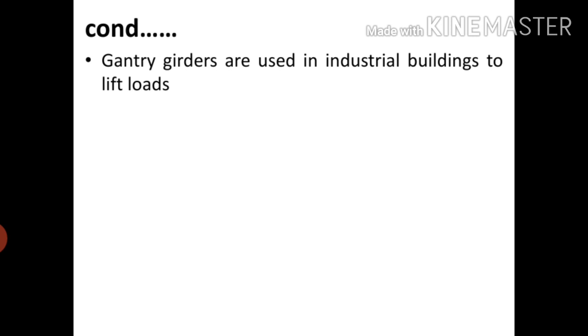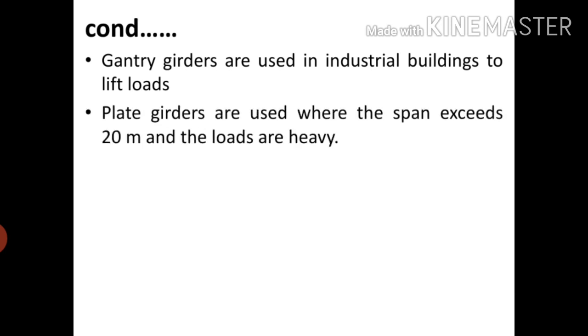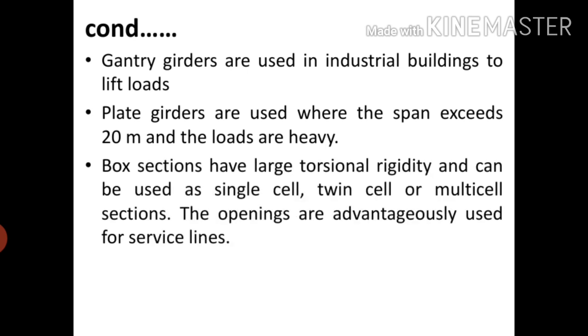They should have heavier strength. That is, gantry girders are used in industrial buildings to lift loads. Even plate girders are used as a beam element where the span exceeds 20 meters and the loads are very heavy. Even box sections can also be used as a beam element.